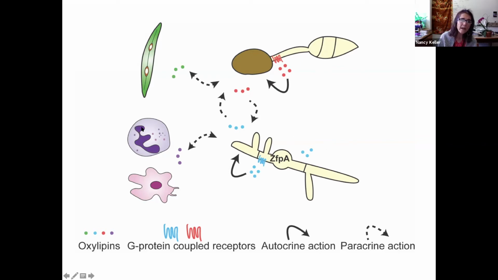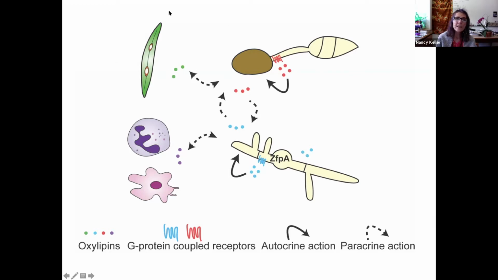What we're doing right now, one of our big stories and interests, is we know that the immune system, this is a macrophage and a neutrophil, also makes oxylipins such as prostaglandins and leukotrienes that are really important in inflammation. And we suspect and are now interrogating the question: are the oxylipins from the Aspergillus fumigatus impacting immune cell response, and are oxylipins from the immune cell actually impacting the fungus by controlling branching once the fungus is inside?